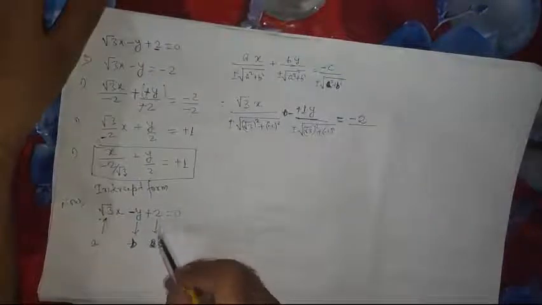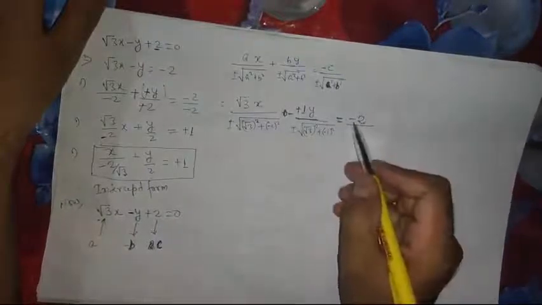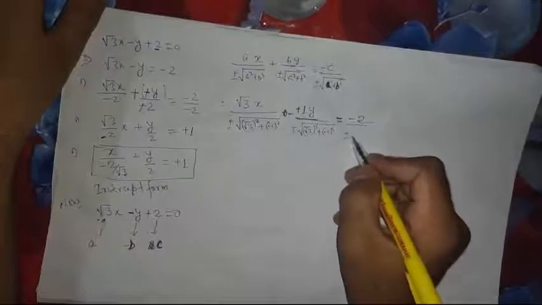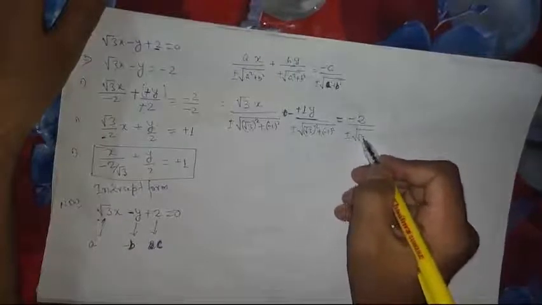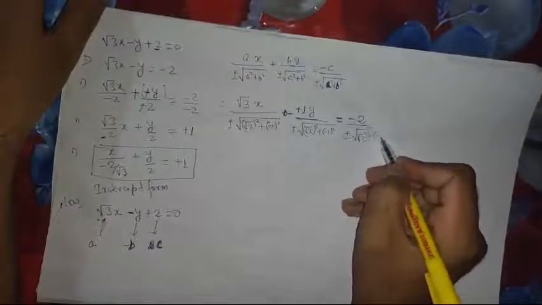Check it here, c is plus 2, so it will become minus 2.